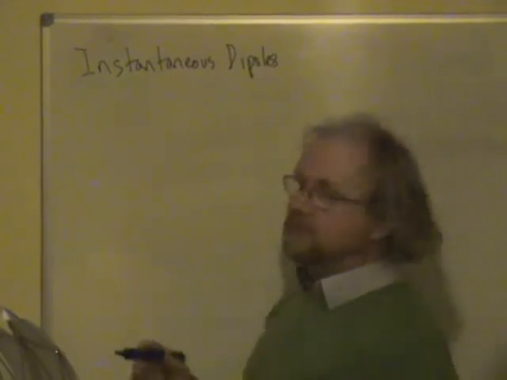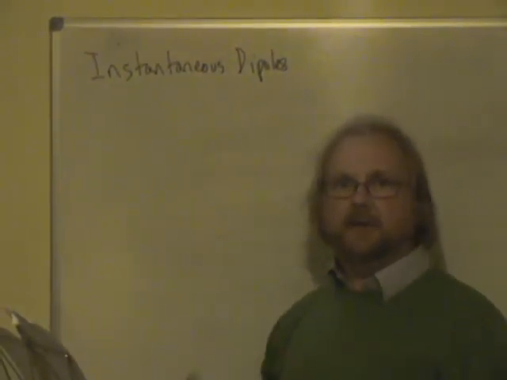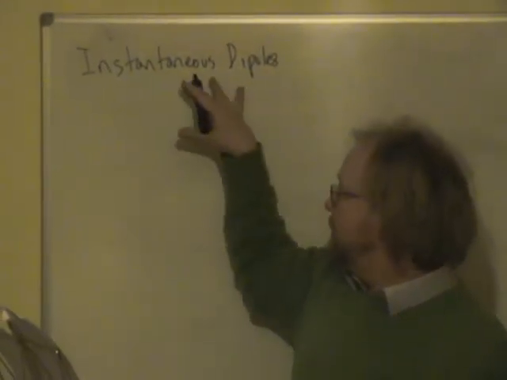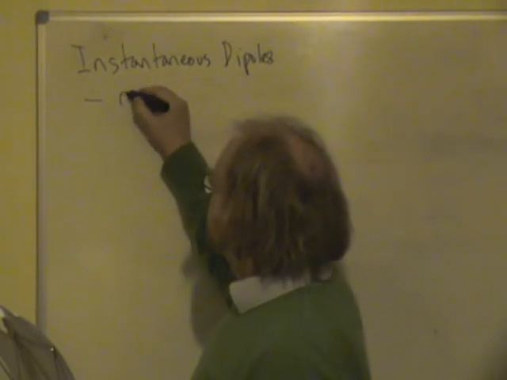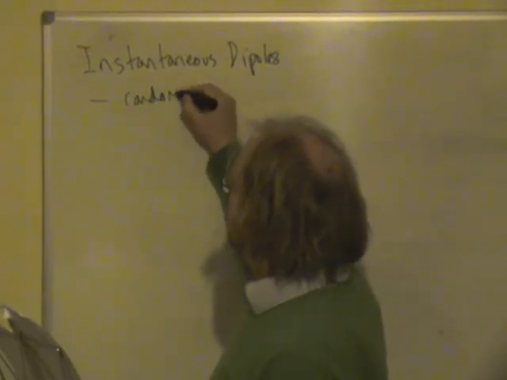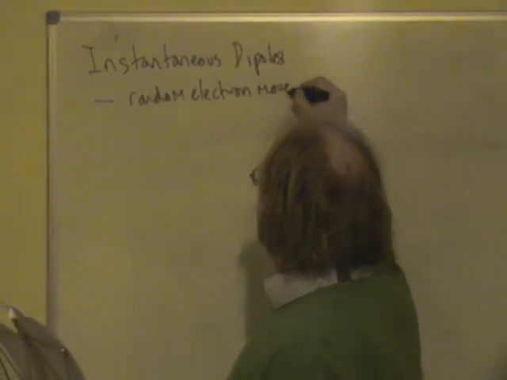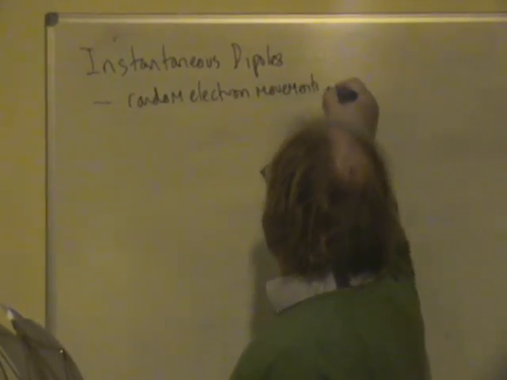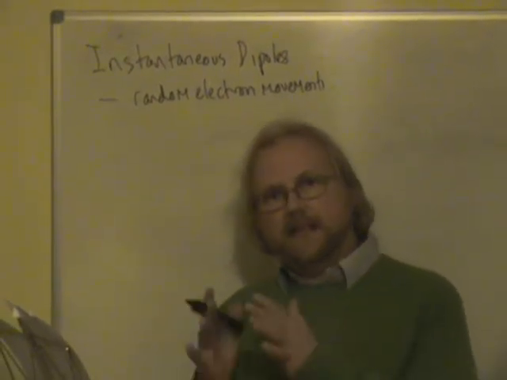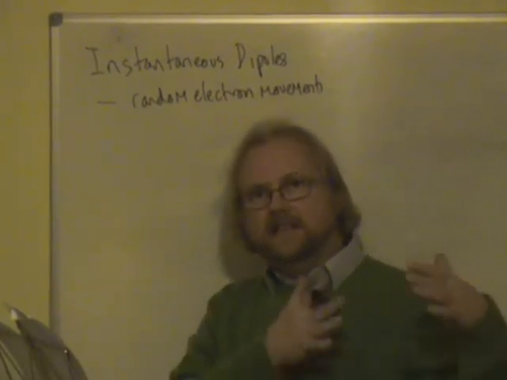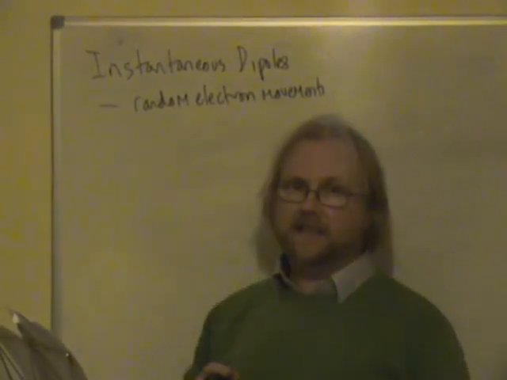An individual molecule can develop an instantaneous dipole, which means it's a dipole that just exists for a short time, but you can just use that phrase and explain that this happens as a result of random electron movements within the molecule. You need to get that idea that because the electrons are moving around randomly within their orbitals, at any one moment in time you can get a dipole which just exists for that short time, which is called an instantaneous dipole.